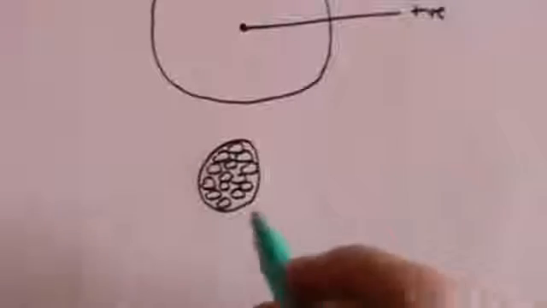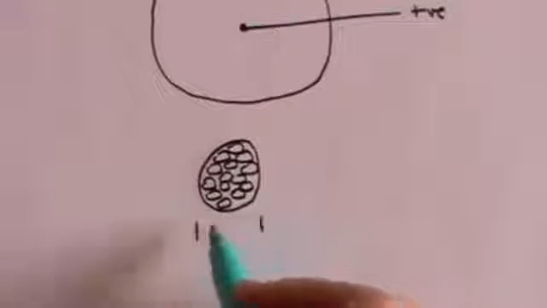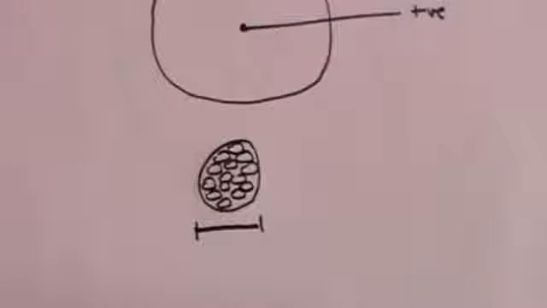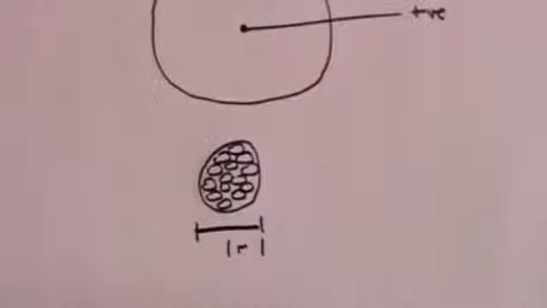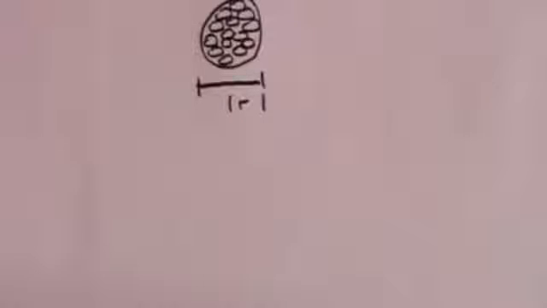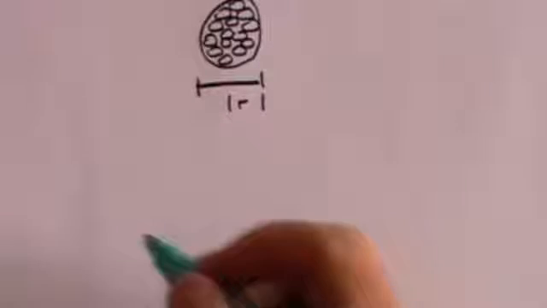And the question for this video is, what is the size of that nucleus? And more accurately, we want to know the radius of that nucleus. Well, let's come back to the famous Rutherford experiment, which was performed in the very early 1900s.